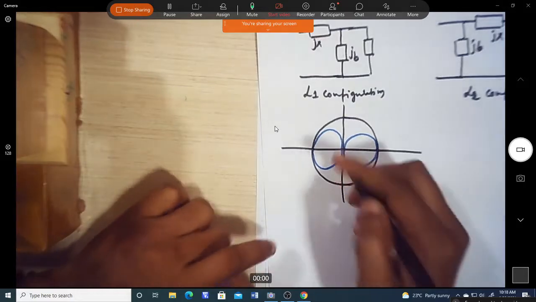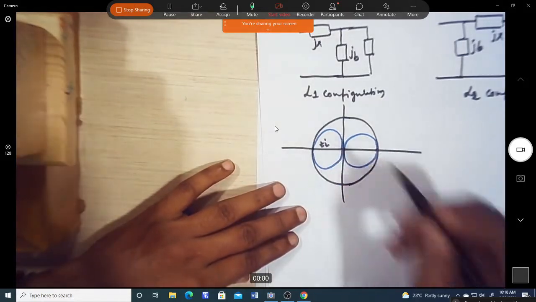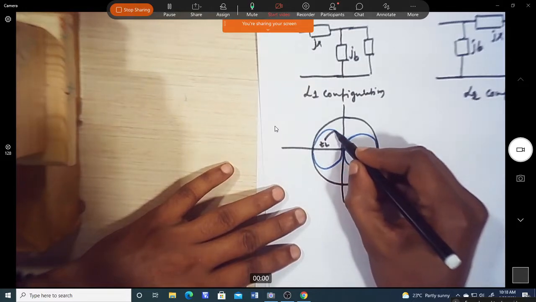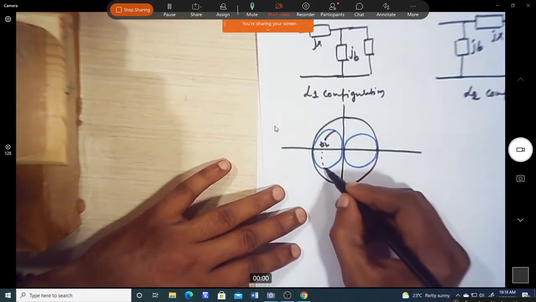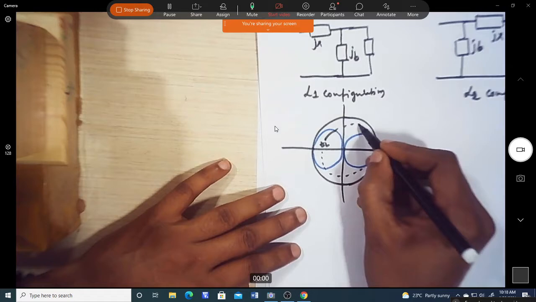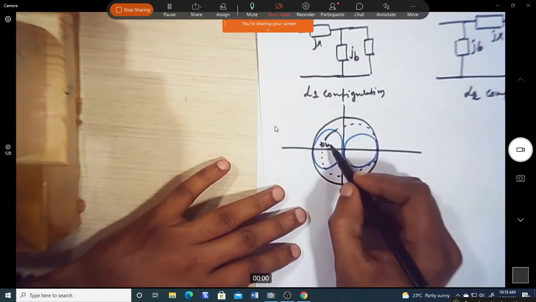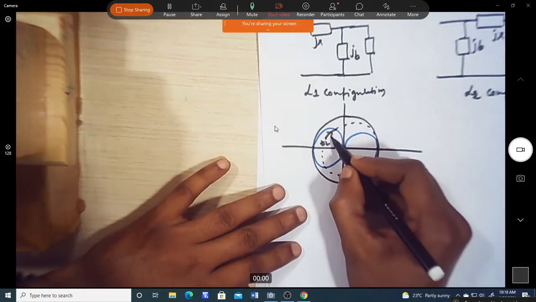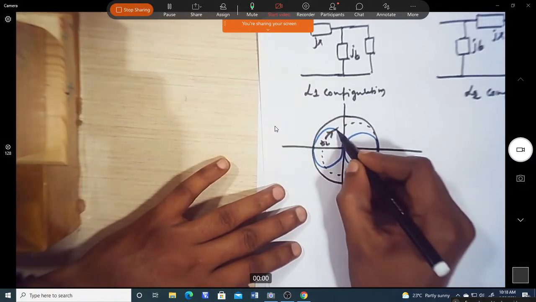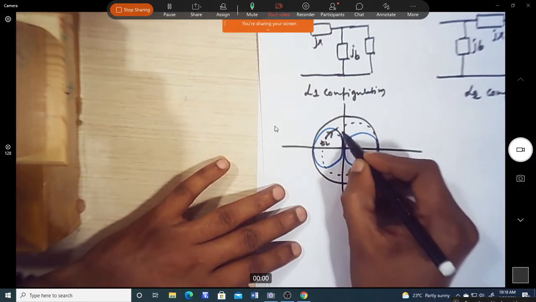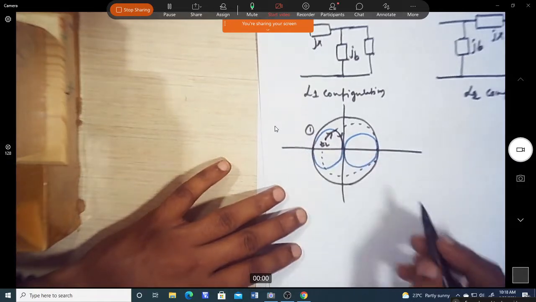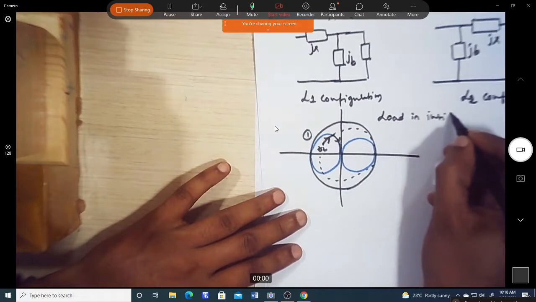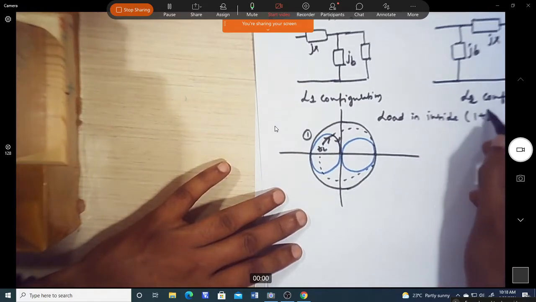If I have the load value here, one solution is moving upwards on the resistance circle, where the load coincides with that resistance circle, and then downwards on the conductance circle. This is one solution where the load is inside the 1 plus jB circle.